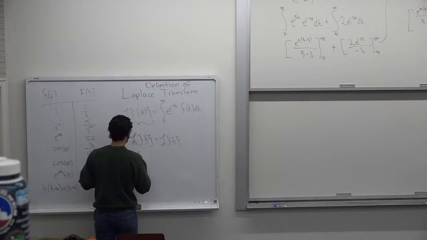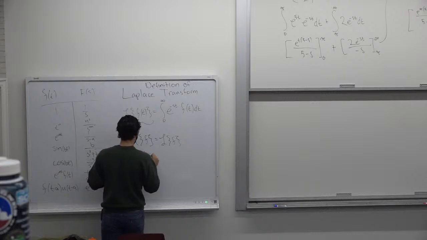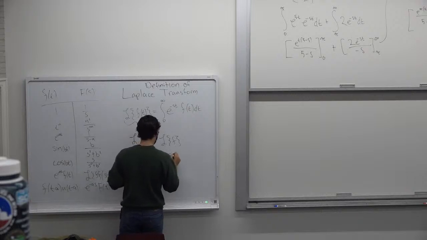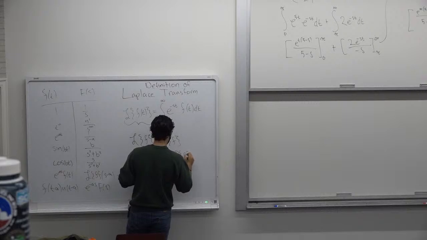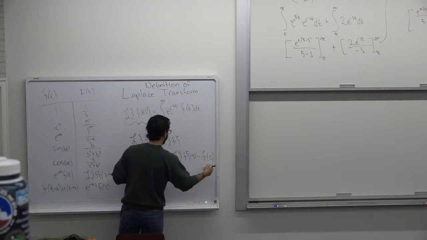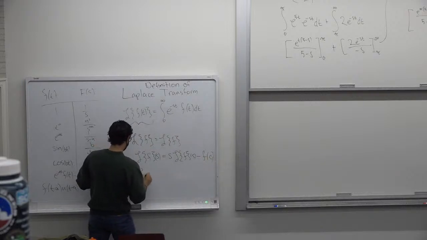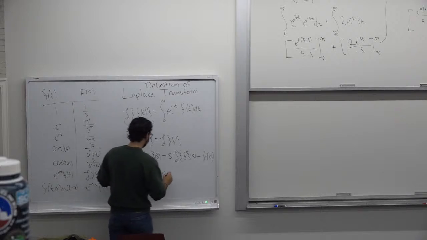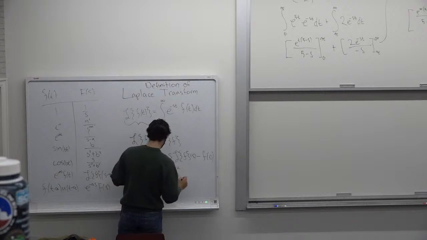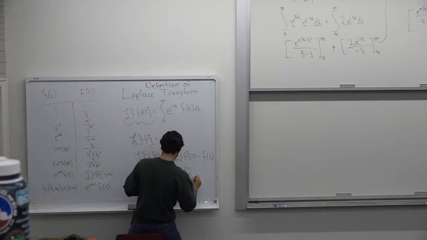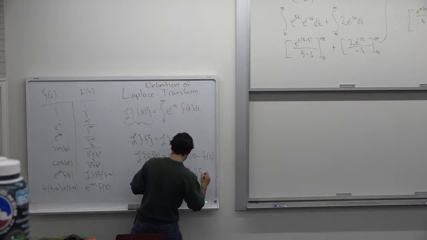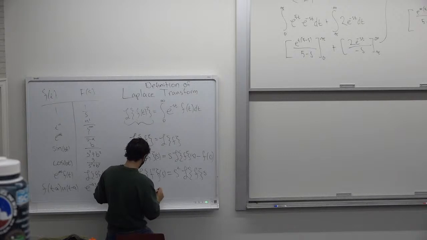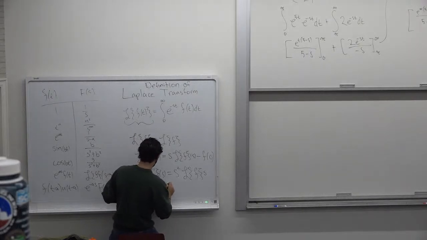And then the Laplace of f prime in terms of s equals s times Laplace f of s minus f of 0. And the Laplace of our f double prime in terms of s equals s squared L of f of s, and so on. I'm running out of space. Don't worry about copying this. You're going to get this on the formula sheet.